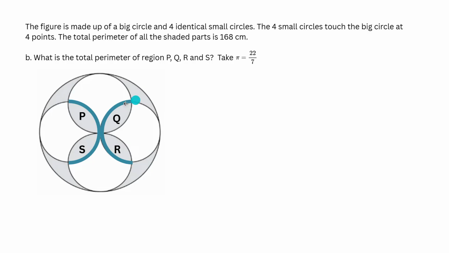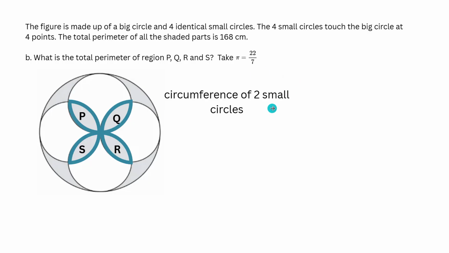That is this one small circle. Now similarly, this portion here, this portion here, that makes another semicircle, and this forms another semicircle. So we have 4 semicircles. When you combine all together, you will get 2 circles. So we want to find the perimeter of region PQRS, but actually it is the perimeter of 2 small circles.